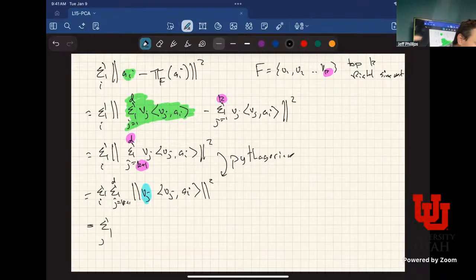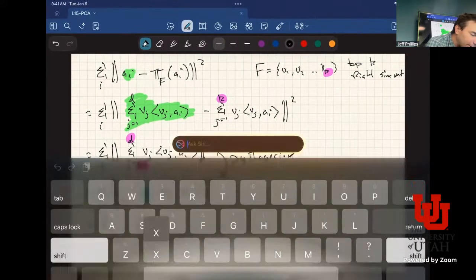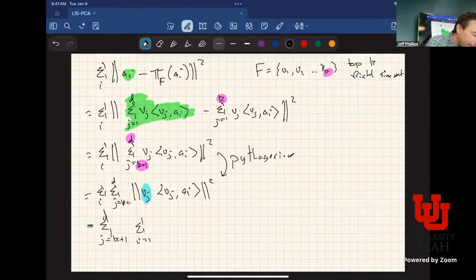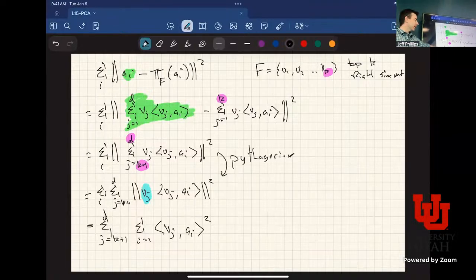I'm going to switch the order of the sums, and I'm going to get Vj Ai squared. Okay, this has no scale information, so I can pull it out. Then the norm, well, then this is just a scalar, so I don't need the norms anymore. That's just this term squared.